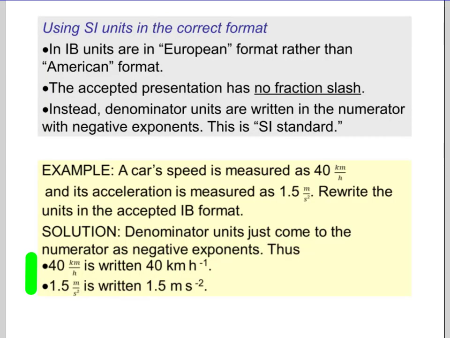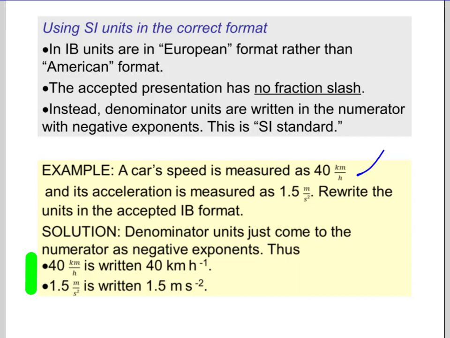Okay, so in IB, the units we use are a European format rather than the American format. I will switch between both because I'm familiar with both. What we're looking at here would be an American, or North American, format if you prefer: kilometers over hours.